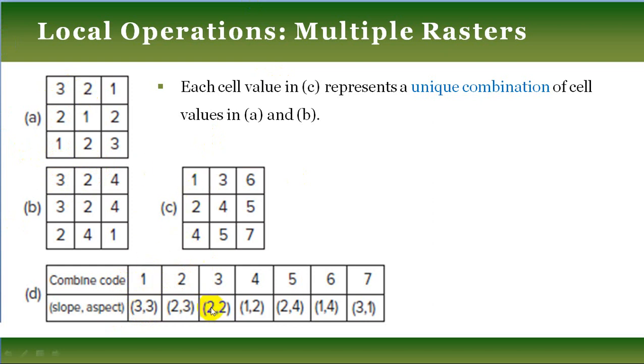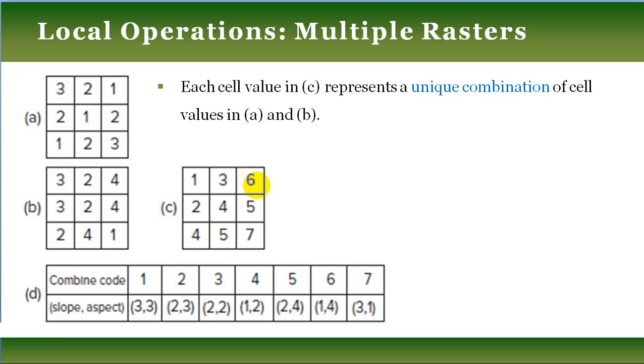2 2 3. 1 4, where is 1 4? 6. So in these 2 rasters it will check every individual pixel in every raster, and whenever it finds a unique combination, that will be stored by a new value.